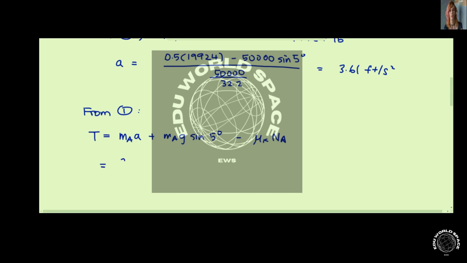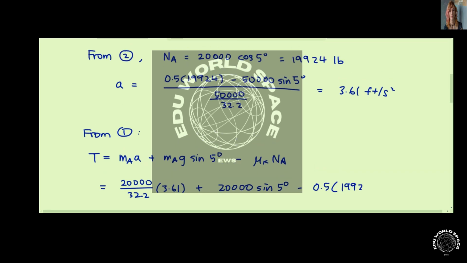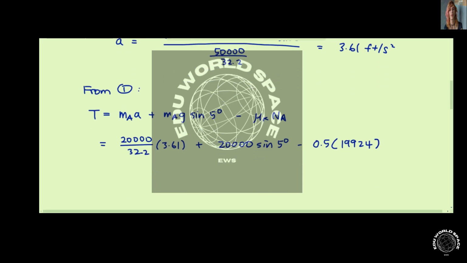So you have 20,000 divided by 32.2 times 3.61, plus 20,000 times sine 5 degrees, minus 0.5 times 19,924. And you calculate this, you get the tension to be 5980 pounds. So this is the answer for this question, and that's all.